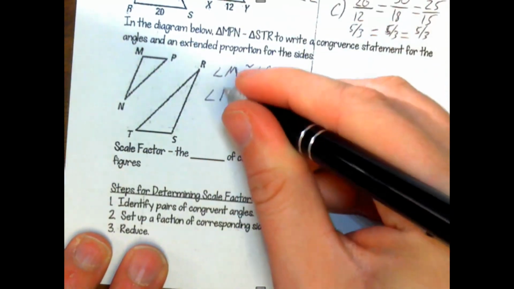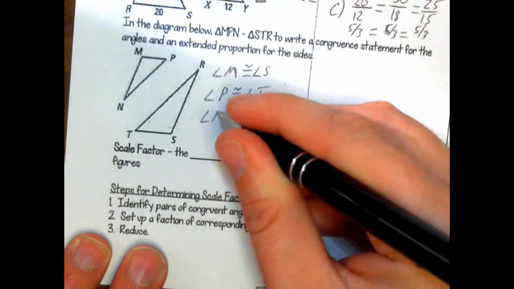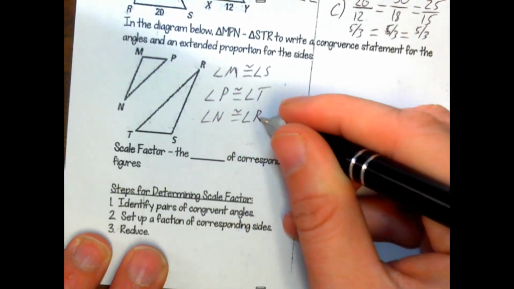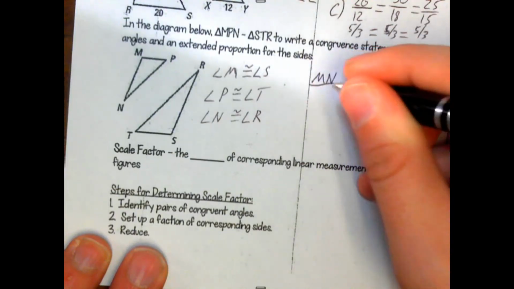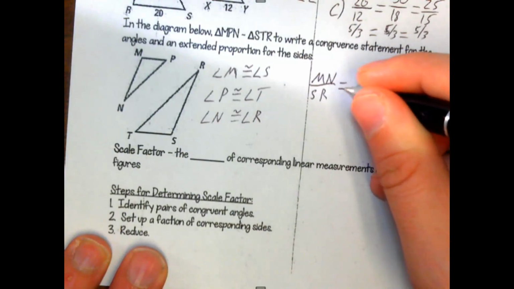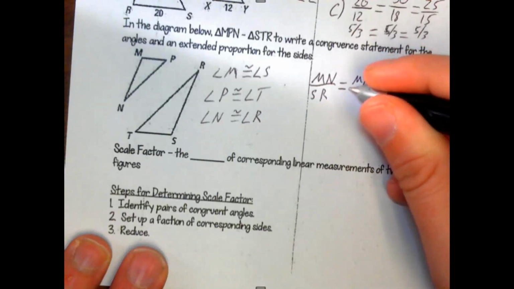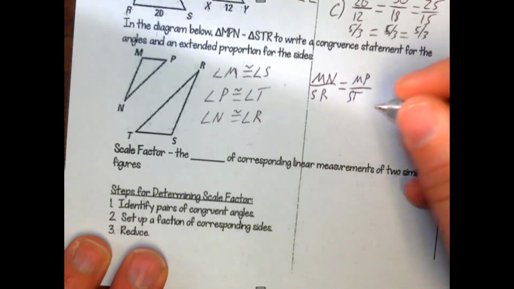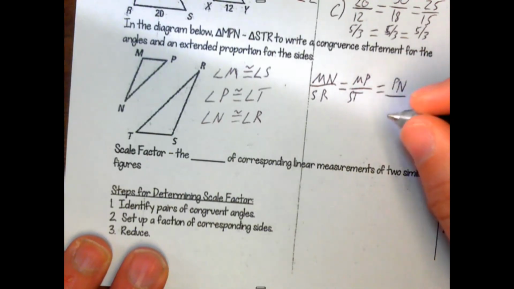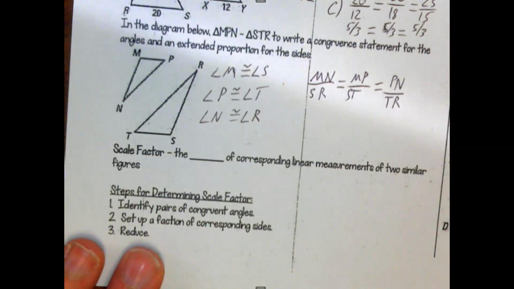That means that angle P is congruent to angle T, and angle N is congruent to angle R. Side MN over side SR should be equal to the length of MP over ST, which should be equal to PN over TR. So that's my proportion for the sides.